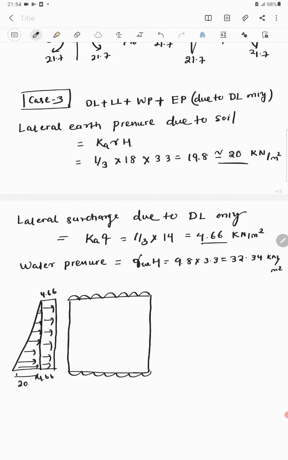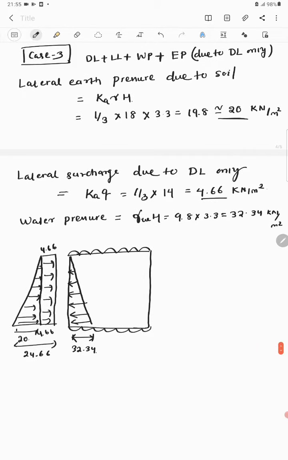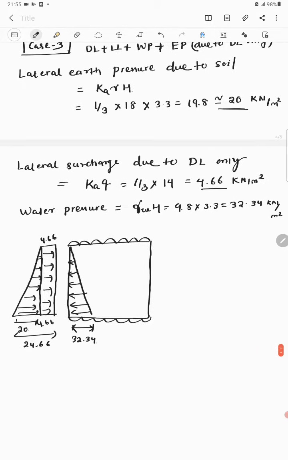Okay, so this whole will be 20 plus 4.66, 24.66. And the culvert is full, so there will be opposite pressure due to the water, and this one is 32.34, and here it is 0.